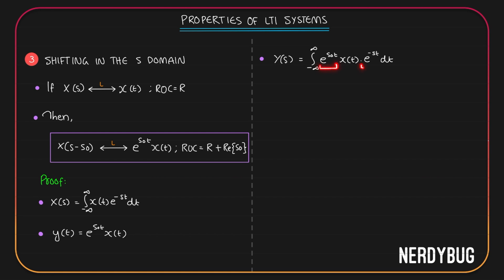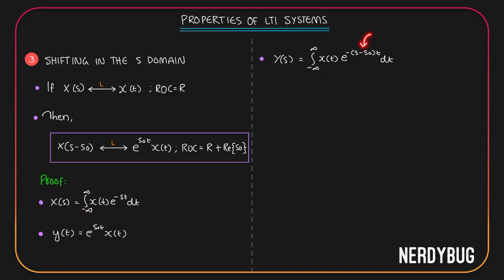We can combine these two. We'll get e raised to minus s naught into t. We got integral from minus infinity to infinity x of t e raised to minus of (s minus s naught) into t dt. What we had over here is very similar to what we have over here. The only difference is here we had s.